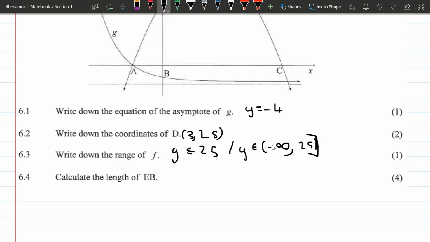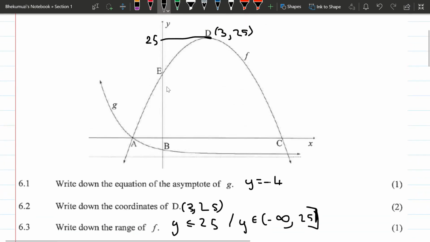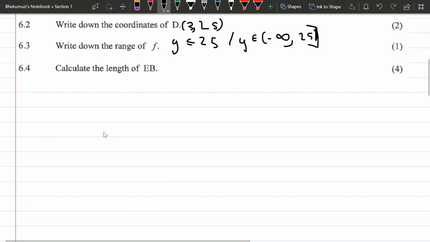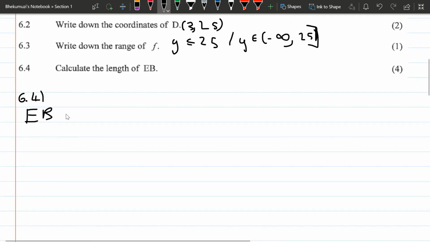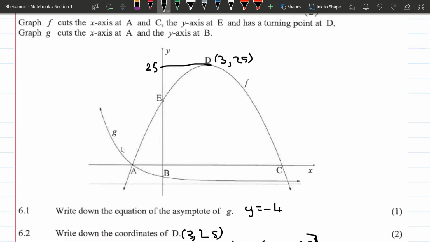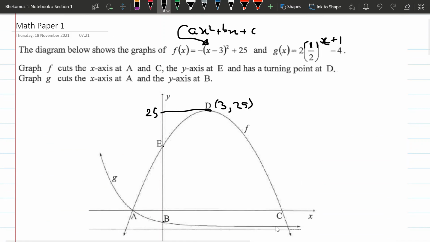Okay, and then it says calculate the length of EB. Now where is EB? There is E and B, right? But notice something, E is on the y-axis and B is on the y-axis. Therefore the distance of EB, so this is 6.4, is supposed to be equal to the function f of the parabola.